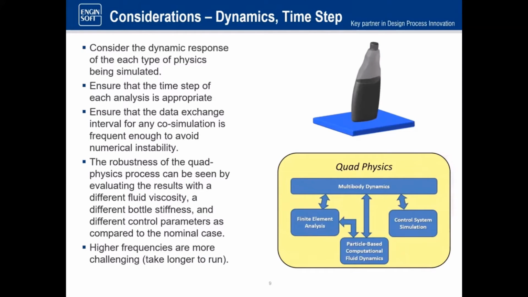So in setting up such a simulation, there are some factors that are very important. One is how to set up the model in a reasonable way, taking into account the dynamic response. And the dynamic response is important because it influences the time step that's needed to get accurate answers.